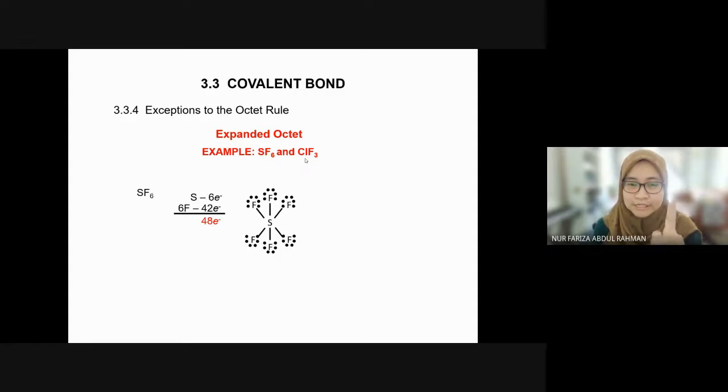Without drawing the Lewis structure, please be careful there, you are wrong. Whatever it is, you have to draw the Lewis structure.